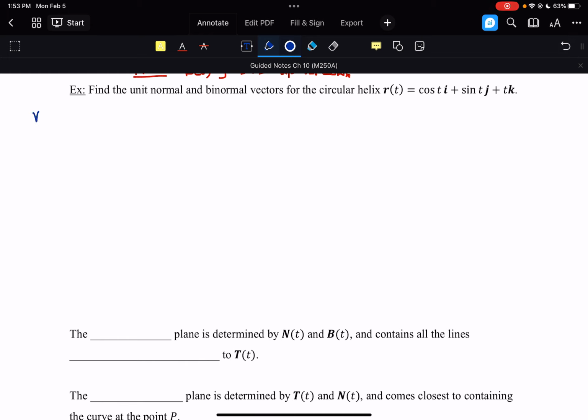So we've got r prime of t is going to be the derivative of cosine, which is negative sine. The derivative of sine is cosine. The derivative of t is 1. The length of r prime, we actually found this in a previous example in this section. That was radical 2.